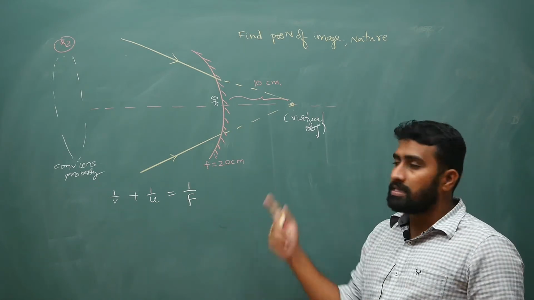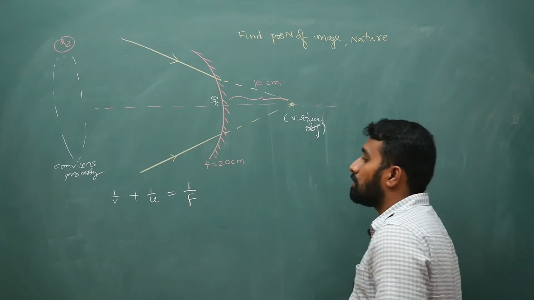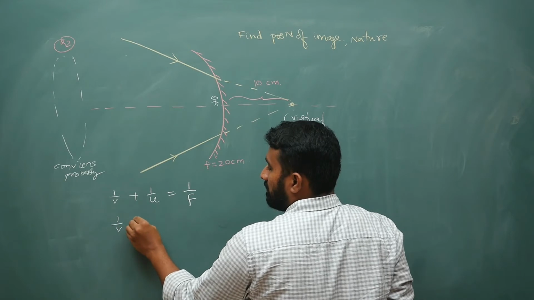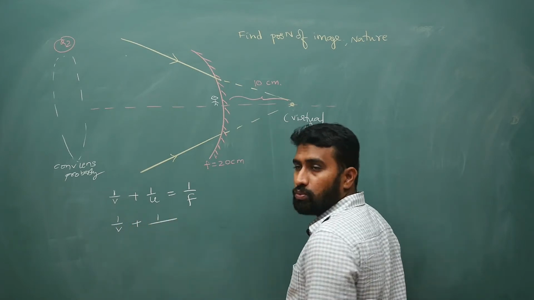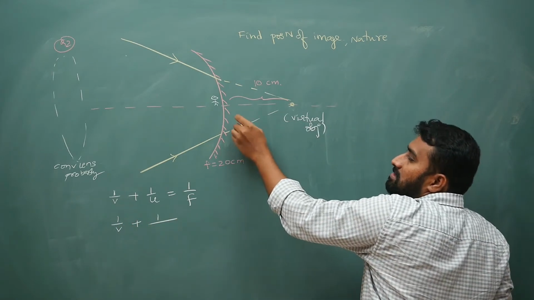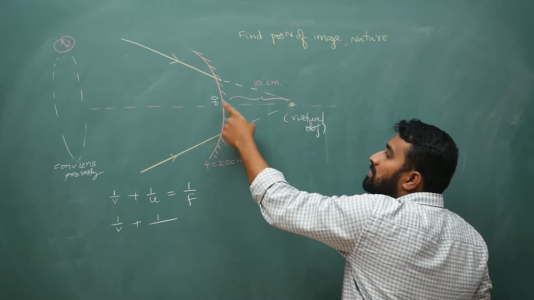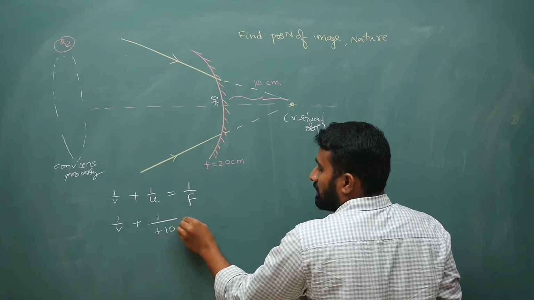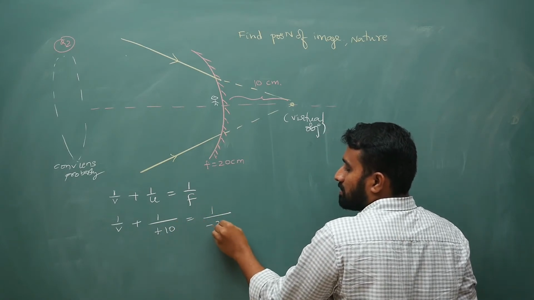In this case it is your virtual object. So 1 by v plus 1 by u is equal to 1 by f. Here your object distance from the pole, if you go to the object, you are going in the direction of the incident ray. So that is why it is plus 10, that is equal to 1 by f, which is minus 20.